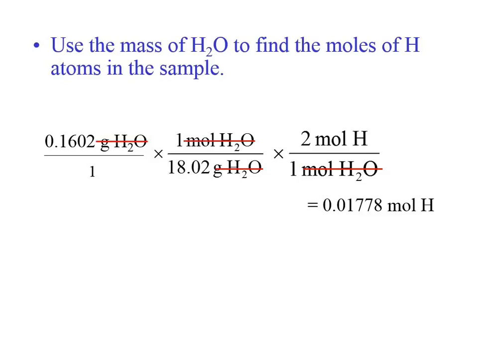Okay, moles of hydrogen. So again, it's like what I said Friday. You could stop now and say carbon, we have 0.01422, hydrogen, we have 0.01778. Okay, that's not going to work, right?